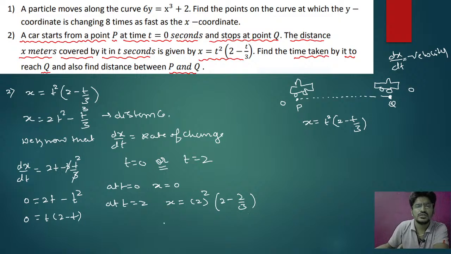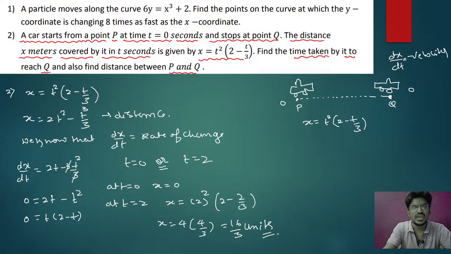Okay, so x will be equal to 4 into 3 into 2 is 6, 6 minus 2 is 4, 4 by 3, so that is 16 by 3. So you are going to have 16 by 3 units as your distance. Clear?